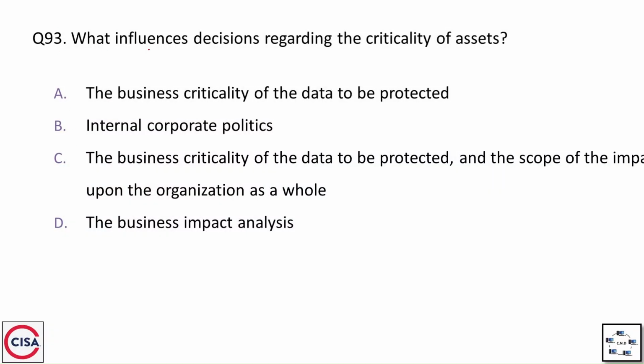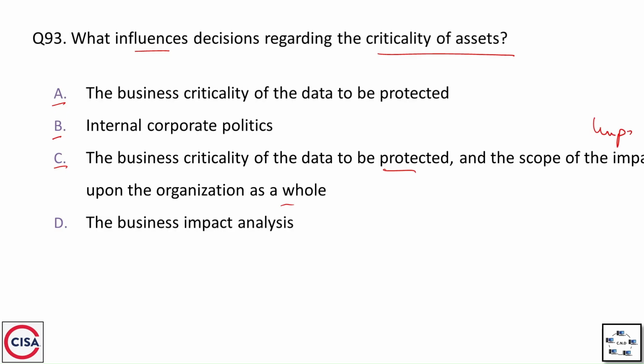Question number 93. What influences decisions regarding the criticality of assets? Option A, the business criticality of the data to be protected. Option B, internal corporate politics. Option C, the business criticality of the data to be protected and the scope of the impact upon the organization as a whole.